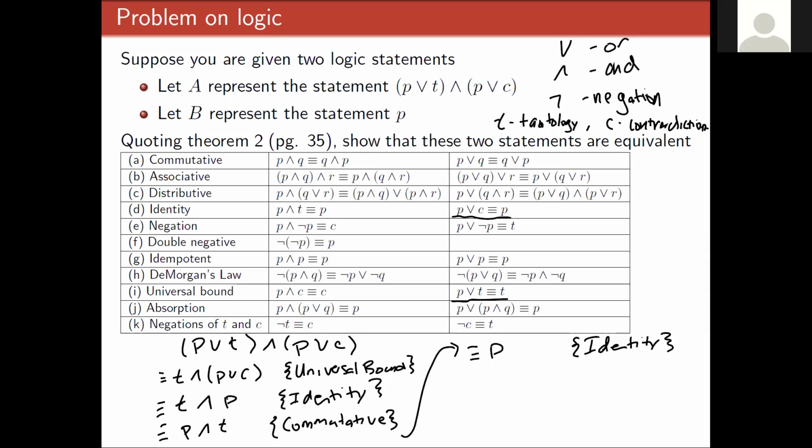What Jim noticed is that if we look at the statement that we were given, P or T and P or C, that looks a lot like this P or Q and P or V. So alternatively, we could start out and say that that was equivalent to P or T and C by distributive.